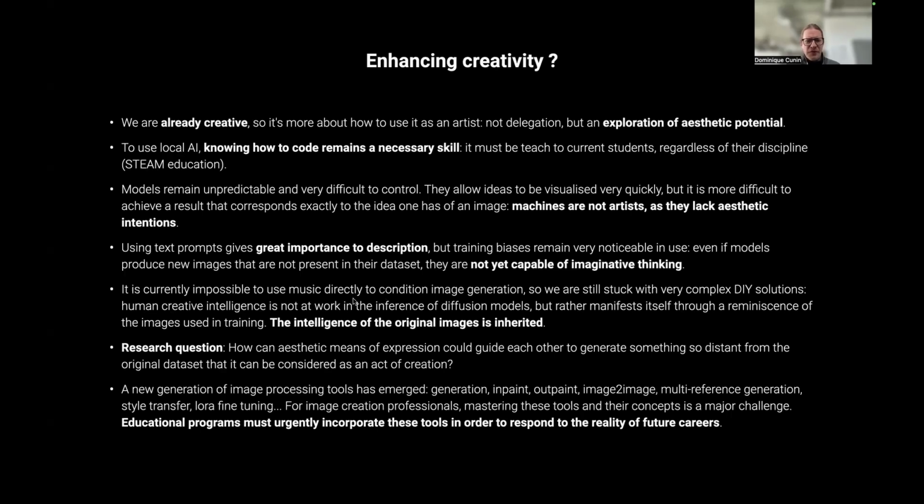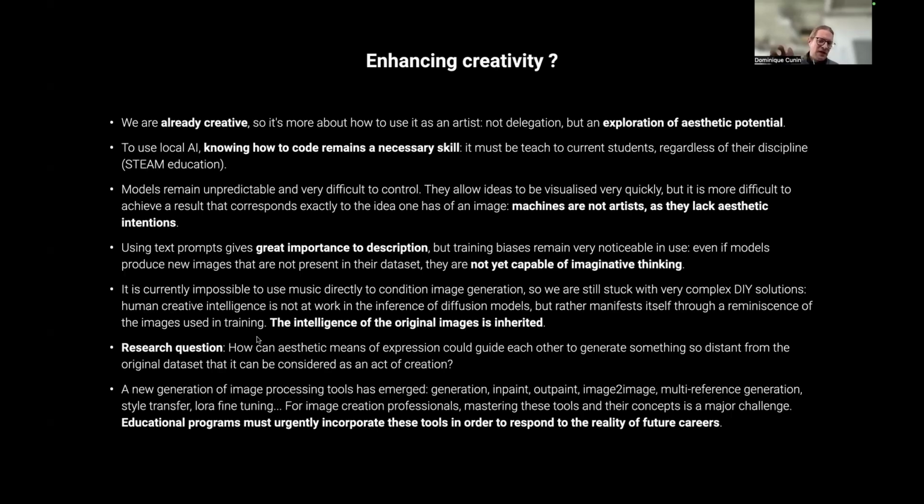So for the sound, I did not speak about it, but it's very complex because today there is no solution to use music as a prompt to generate an image. It's not feasible. So we have to do it by ourselves. So we can say that the intelligence is not in the model, but in the original images, and it is inherited from the intelligence embedded in the images of the data set.